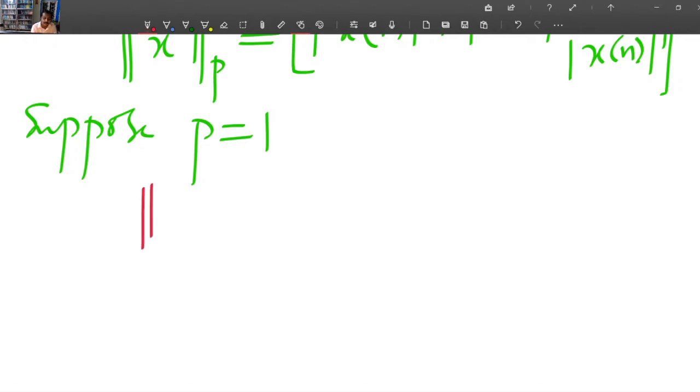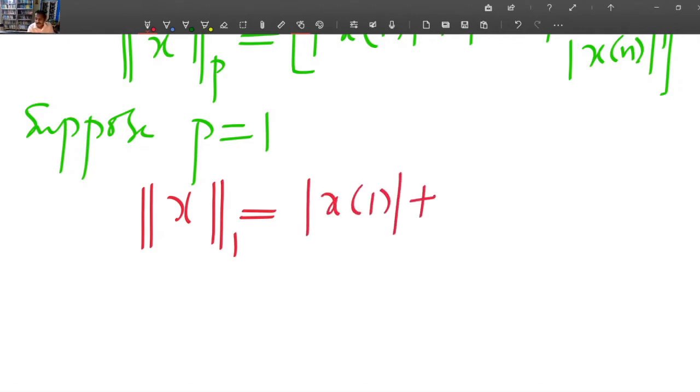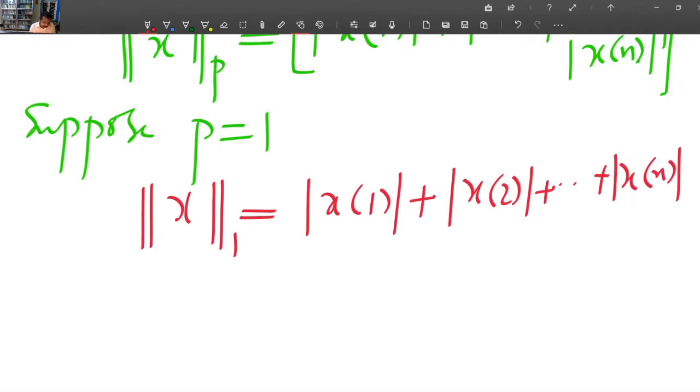Then we have the 1 norm of x, remember x is x of 1, x of 2, etc., x of n. This is equal to modulus of x of 1 plus modulus of x of 2 plus etc. plus modulus of x of n. And you can see that the 1 norm is a norm.